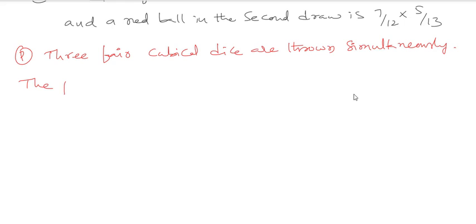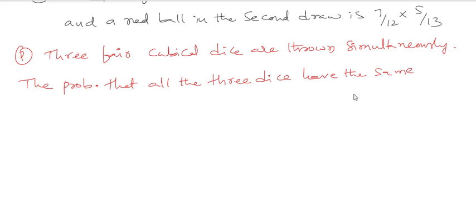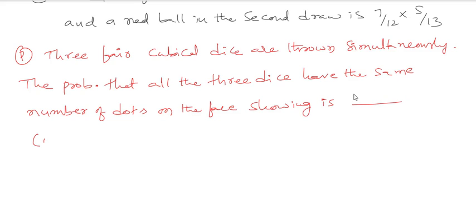The probability that all the three dice have the same number of dots on the face showing up is dash, in brackets up to third decimal place. This is the question.